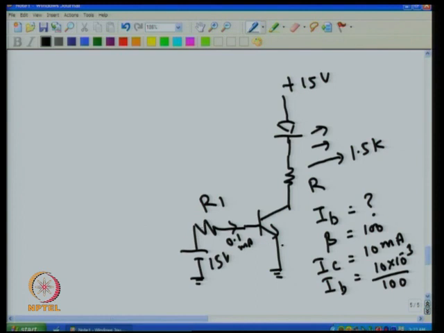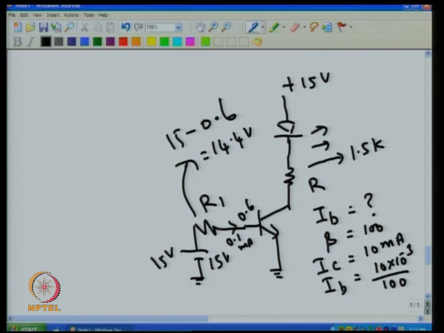Now we know that this point is 0, and this point I have to sit at 0.6, because base emitter forward bias we need 0.6. So this is 0.6, and this is 15. So the voltage across this resistance is 15 minus 0.6, that is 14.4 volt.